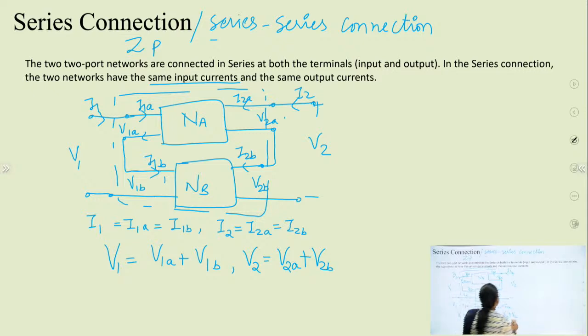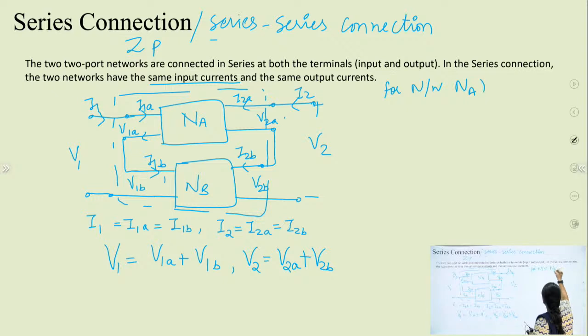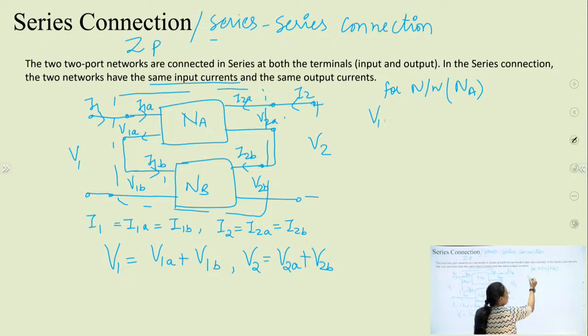Okay. Now, as we know, for the Z parameters, V1 and V2 are a function of I1 and I2. So I am writing the equation for network A, NA, for the Z parameter, with the suffix A. V1A, V2A is a function of I1A, I2A.